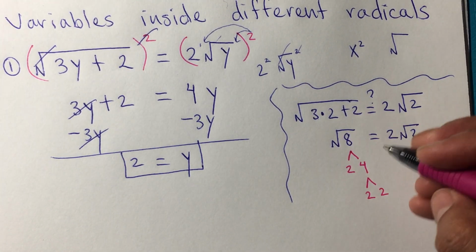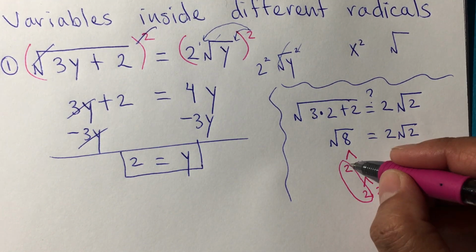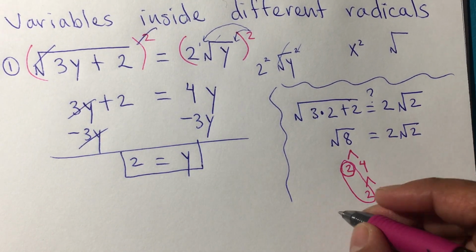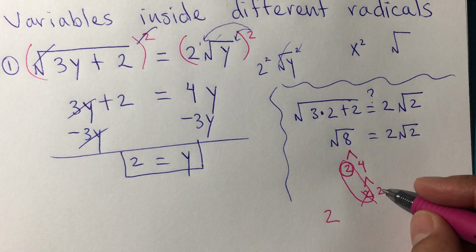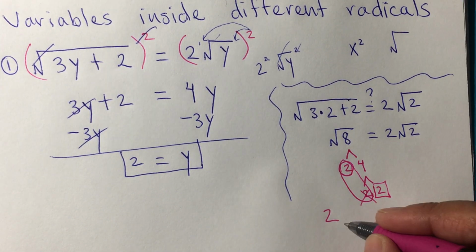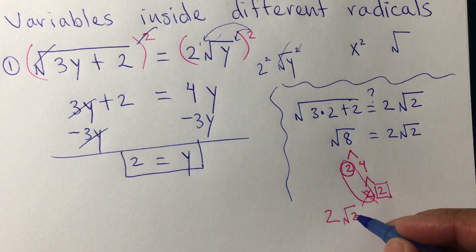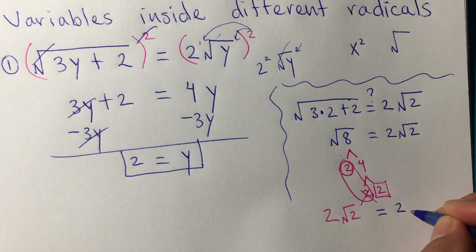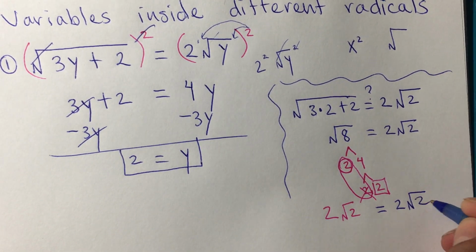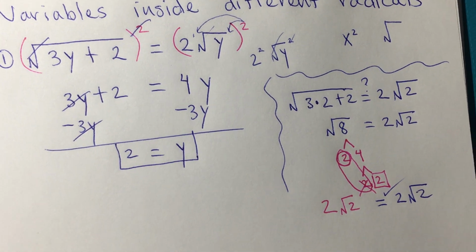Because this is a square root, we need a pair, and remember that one of each pair goes outside, and this stays inside of the square root. So it's 2 times square root of 2, and we just bring this down, and we notice that it is the same answer, so we say check.